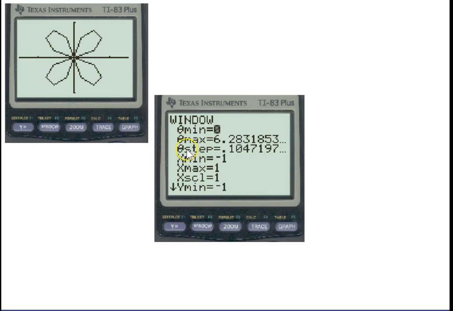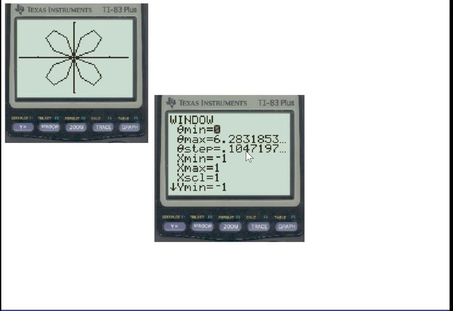So let's go back to our window, and the thing that we want to adjust is this little step right here. Now this one, remember how it was pi divided by 10? I'm going to say pi divided by 30.